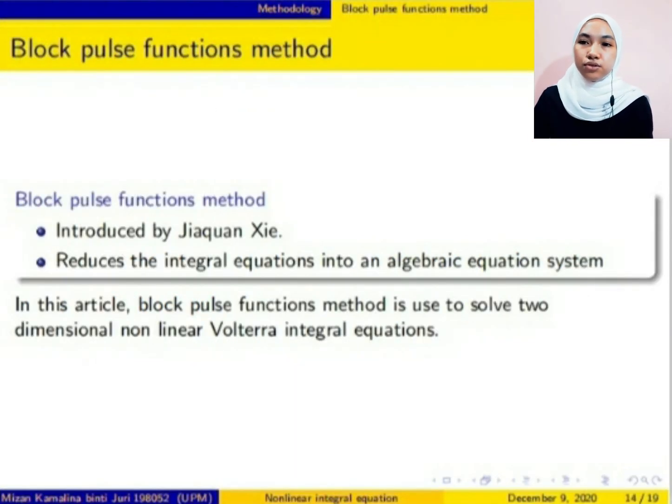The last method used to solve nonlinear integral equations is log pulse functions, which was introduced by G. Chapuancy. To solve the nonlinear Volterra-Hammerstein integral equations in two-dimensional space, log pulse functions were first used. The method reduced the integral equation into an algebraic equation system, and the Newton method has numerically solved the algebraic system.